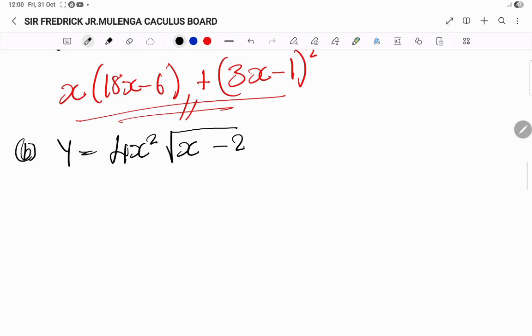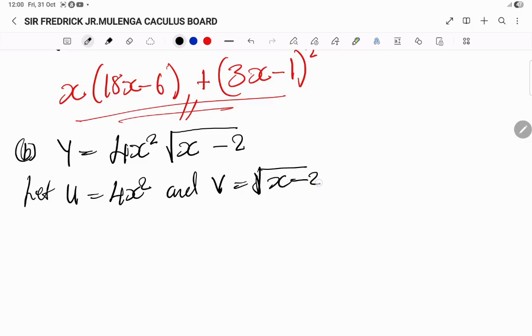This is product rule because we have two things multiplying each other. So we'll let u be 4x squared, and our v we'll let it be this. So are you following? I hope you are following as well.